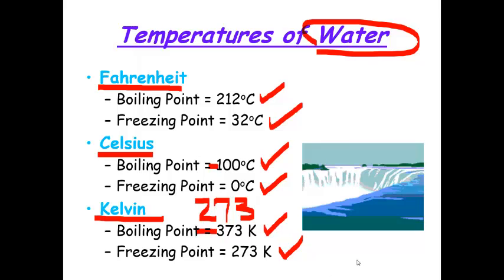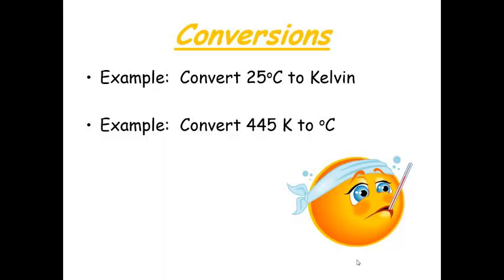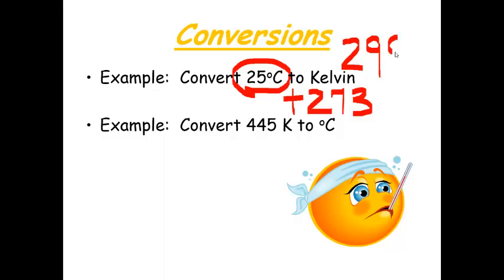Okay. So that's what I was talking about, some conversions here. So if I want to take this Celsius temperature and get it to Kelvin, all I have to do is add 273. So 25 plus 273 is 298 Kelvin. Okay. So Celsius to Kelvin, you add 273. If you want to go the opposite way, where you get Kelvin to Celsius, just subtract off that 273.